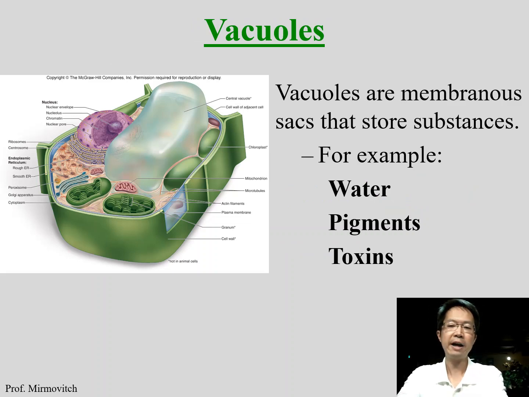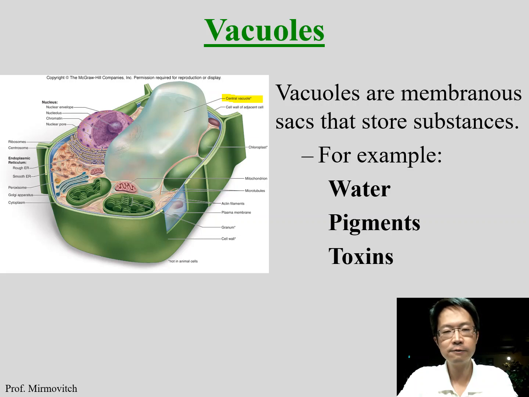Now let's talk about vacuoles. Whenever we talk about vacuoles, most people think about plants, because plants have a very large vacuole. We call it a central vacuole. But believe it or not, both plant cells and animal cells have vacuoles.